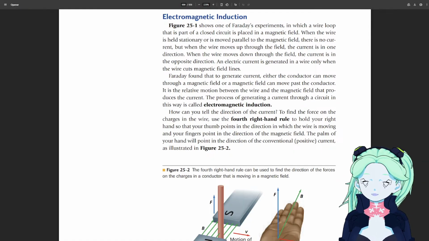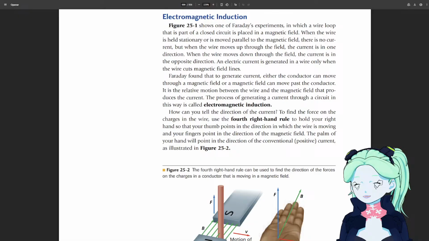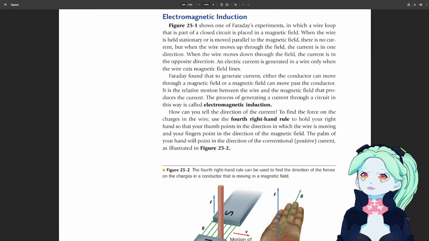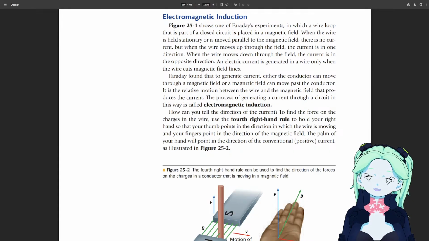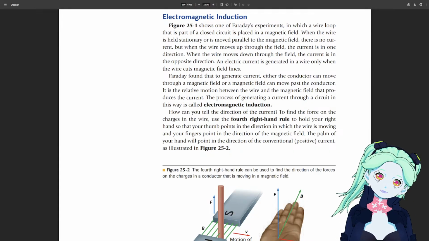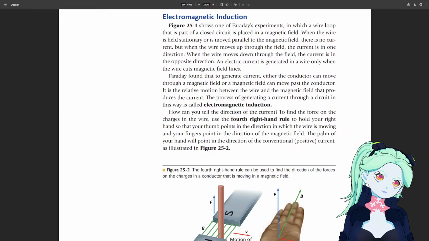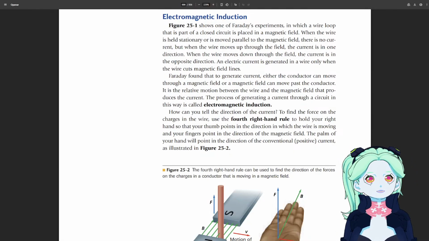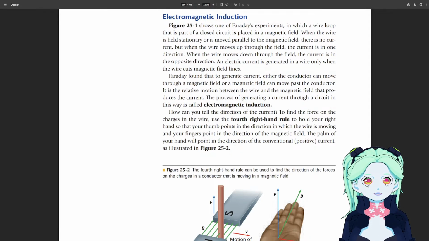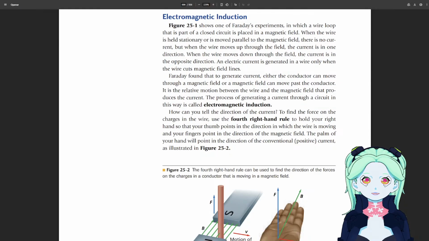You move the source of the magnetic field, because I don't know how you move field lines otherwise. The process of generating a current through a circuit in this way is called electromagnetic induction. So moving a field or a wire relative to the other. Amazing.